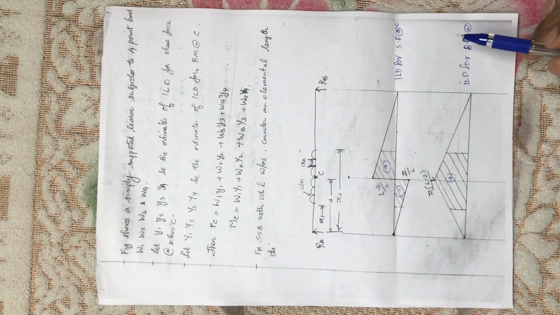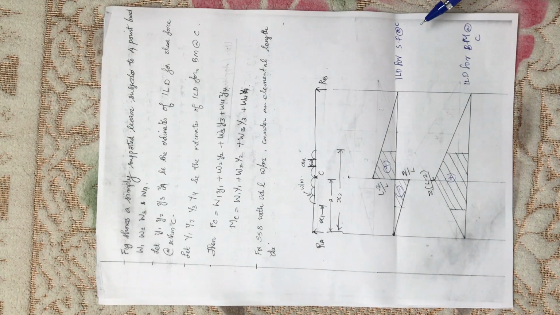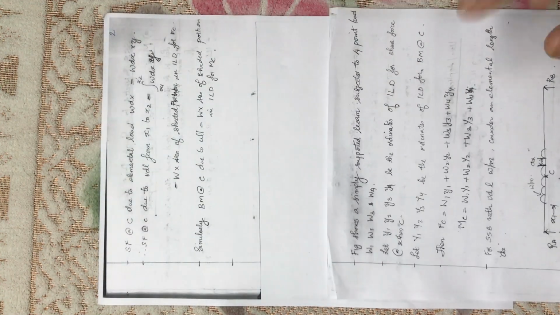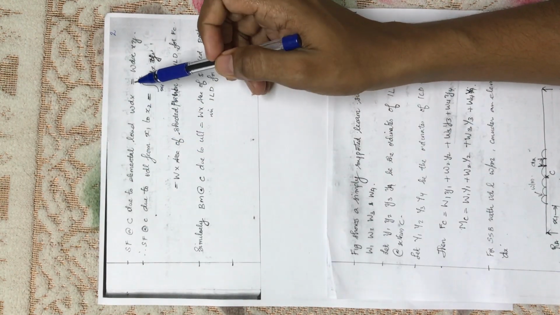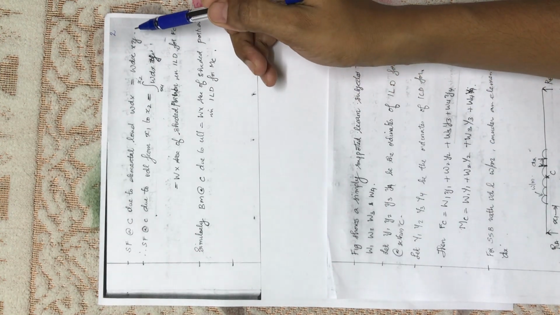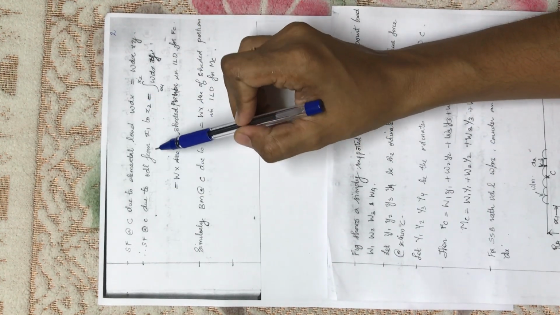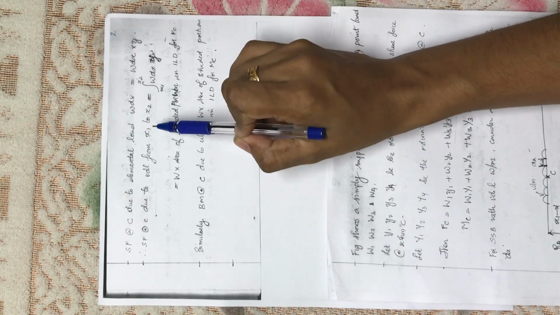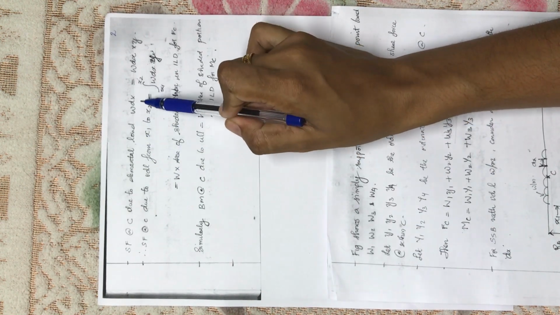Okay. So while considering the influence line diagram for shear force at C, we need to find out, okay, listen here, shear force at C due to the elemental load W is equal to W dx into Y, where Y is the ordinate. Then shear force at C due to UDL from x1 to x2. Here we considered an elemental length dx only.